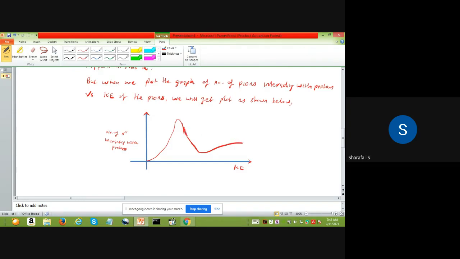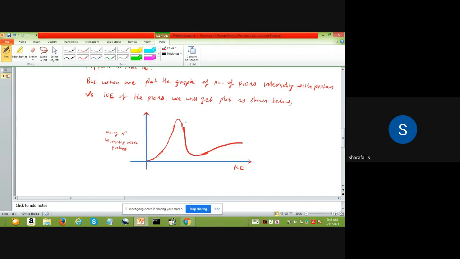If you plot the number of pions interacting with the protons versus the kinetic energy, it almost looks like this.